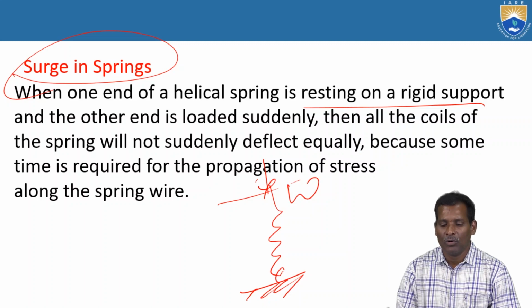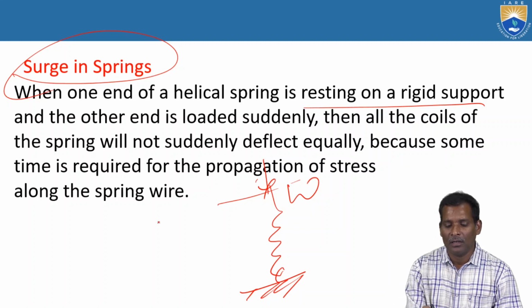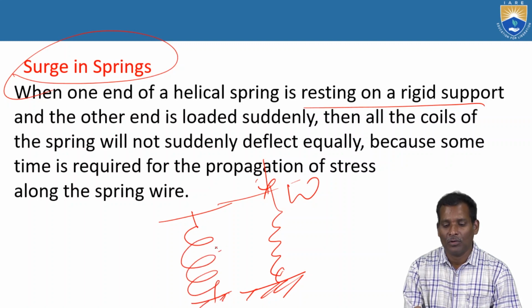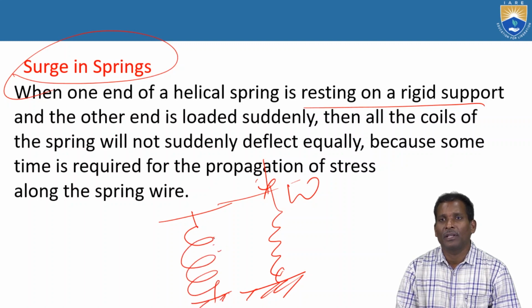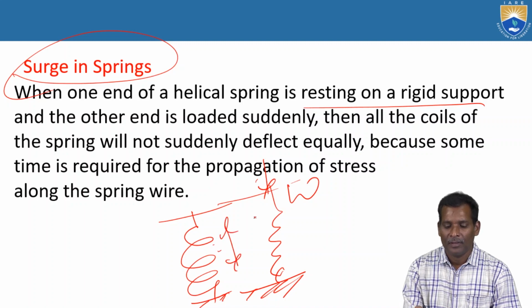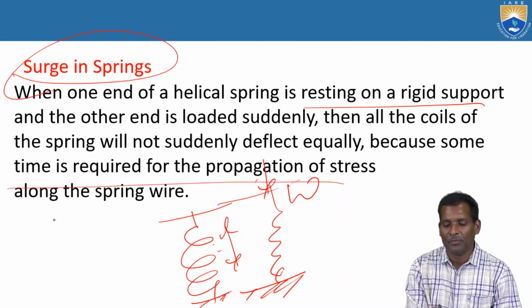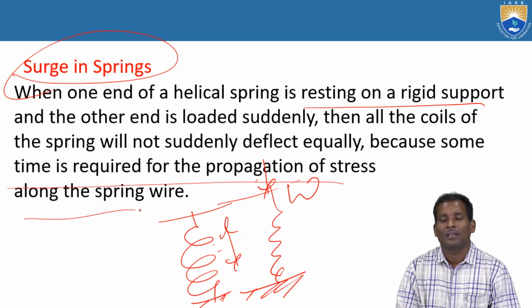then all the coils of the spring will not deflect suddenly, not deflecting at a time. That means they do not deflect equally, because some time is required for the propagation of the stress.